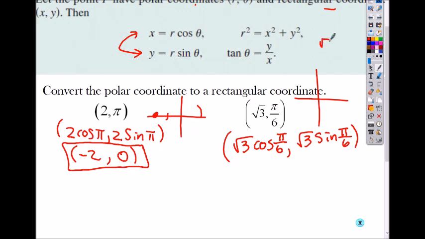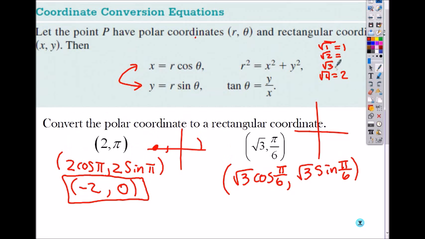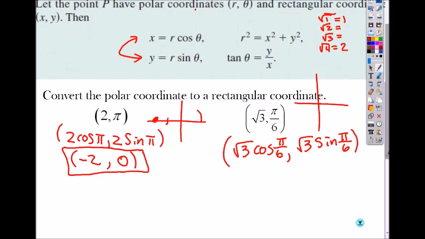Root 4 is 2, root 1 is 1. Root 2, we don't know. Root 3, we don't know. But we know it must be closer to 2 than 1. Do you guys see it? So it's greater than 1.5, 1.7-ish. But here we can just leave it as the exact answer.